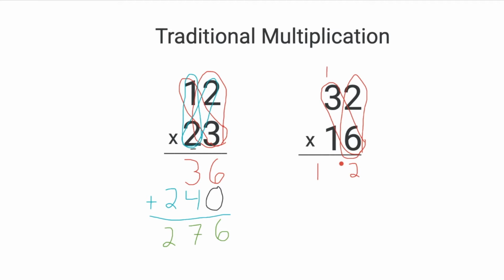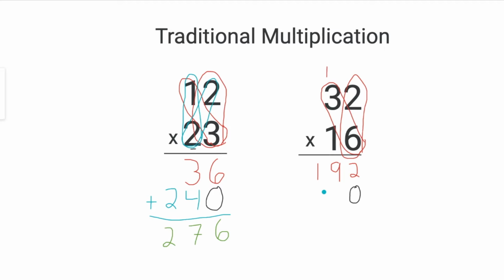Now that we've multiplied our factor 6 by 32 to get 192, we're going to put our 0, our placeholder, because this 1 is actually a 10. We just don't want to think of it like a 10. And we're going to multiply 1 by our different components.